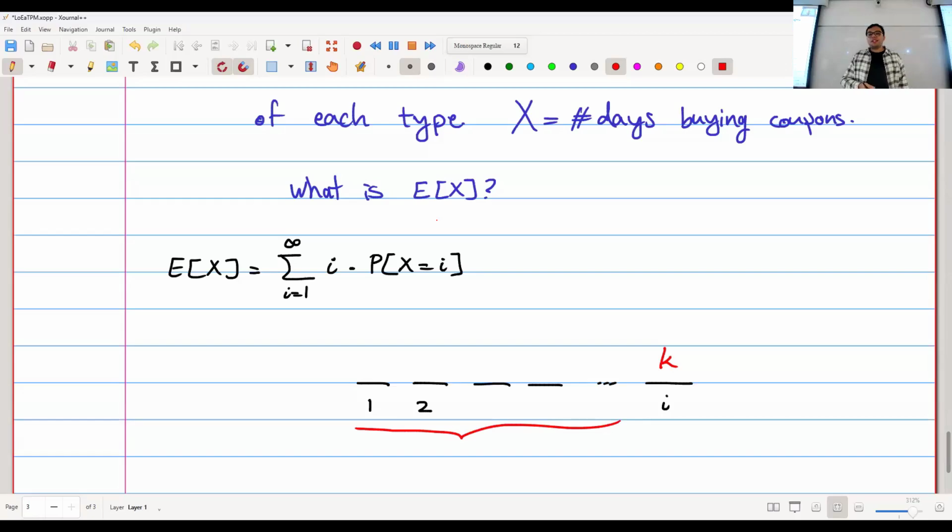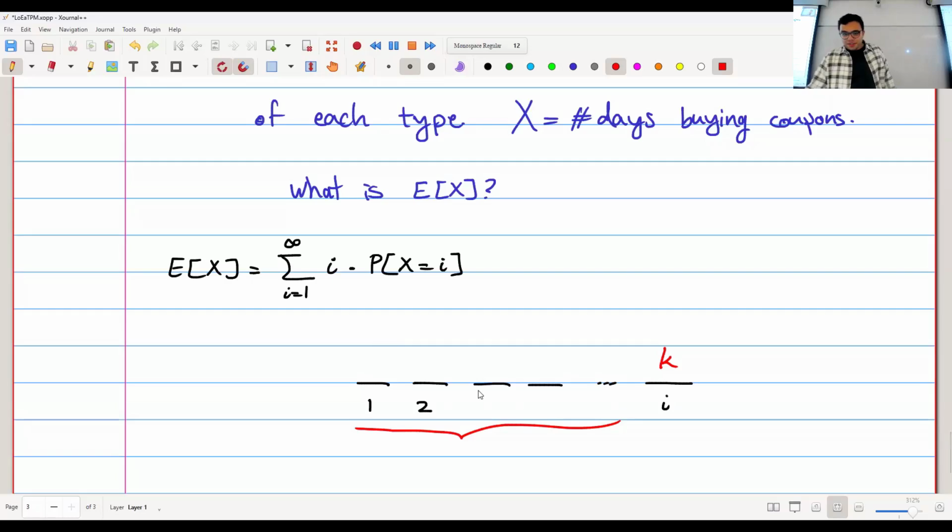But no, the problem here is that you not only have to make sure that in all of these days you're picking one of the n-1 coupons, you also have to make sure that you cover all the n-1 types of coupons. So you have to find the number of onto functions from a set of size i-1 to a set of size n-1.